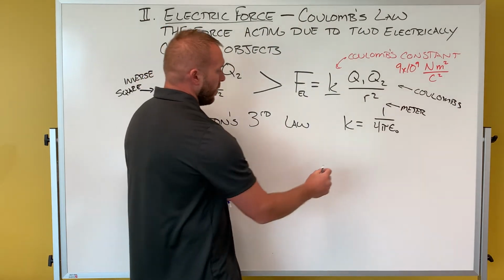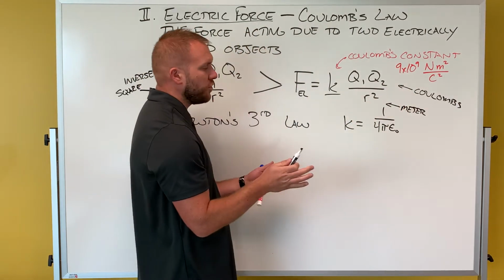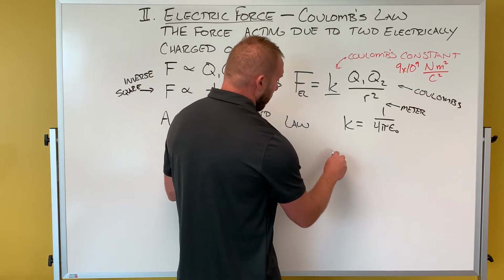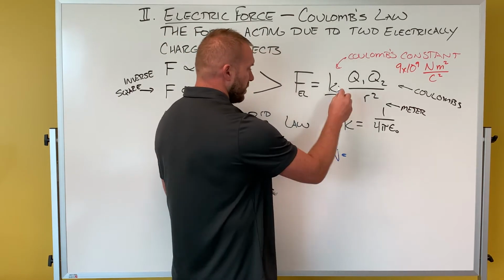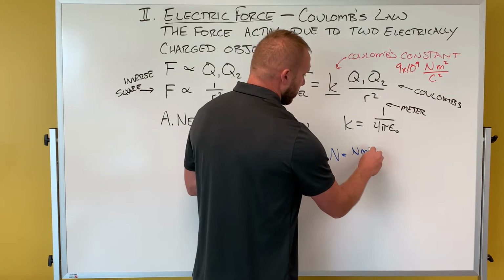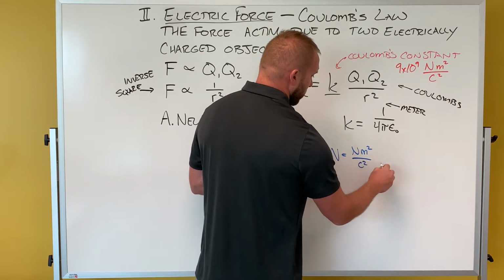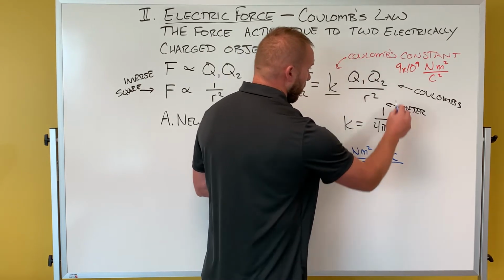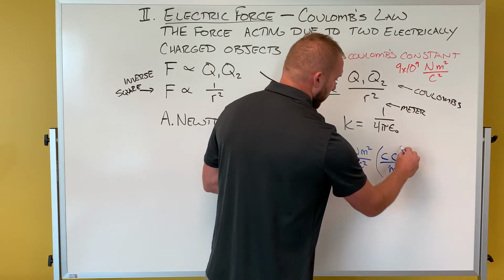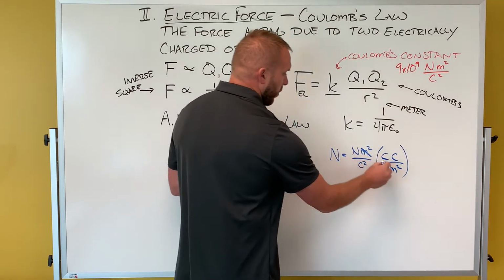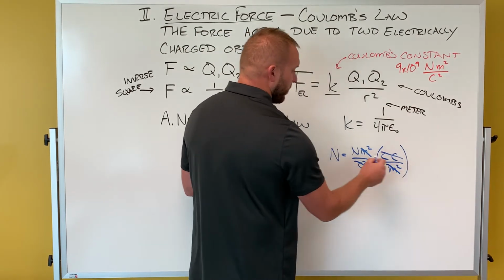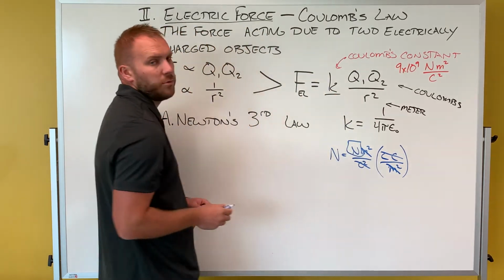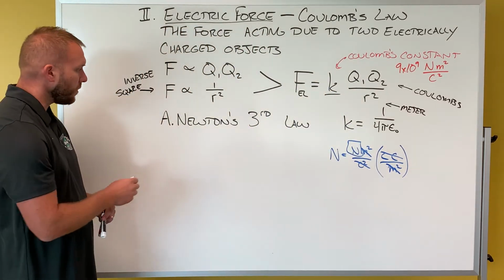If we just look at the units, force, measured in newtons, equals newtons meters squared over coulombs squared, multiplied by coulombs times coulombs over meters squared. So my meters squared cancel out, my coulombs squared cancel out, and we're left with newtons. That gives us the units for Coulomb's constant.